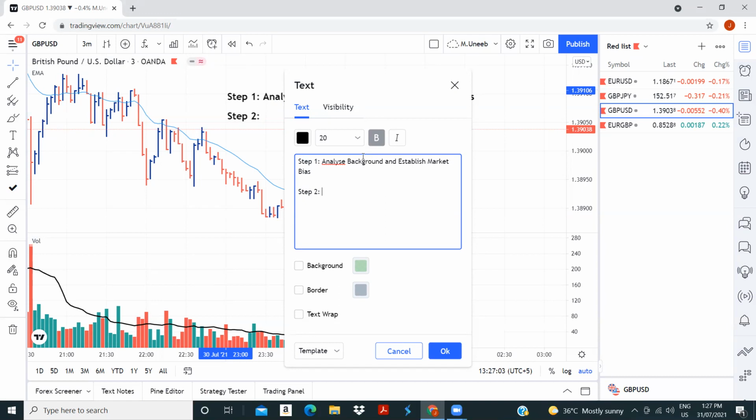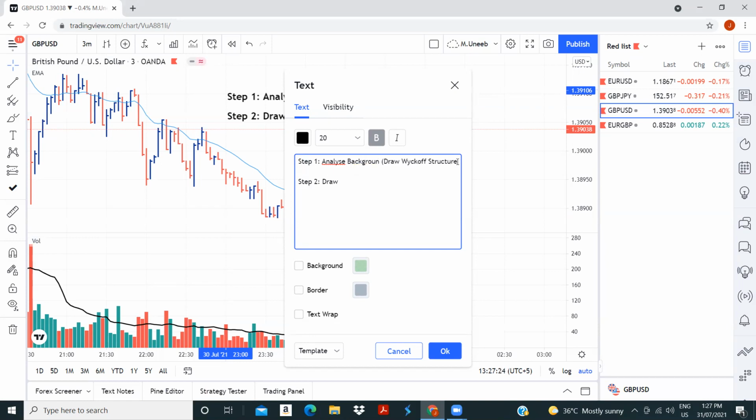Okay, step 2. Okay, how will we analyze background? Mark, draw highs and lows of the Asian Wyckoff structure. Establish bias would be step 2. You're right.